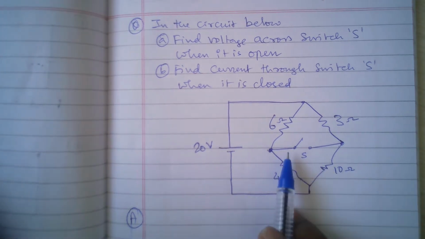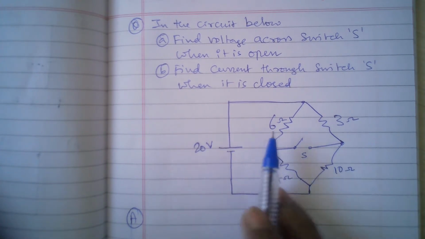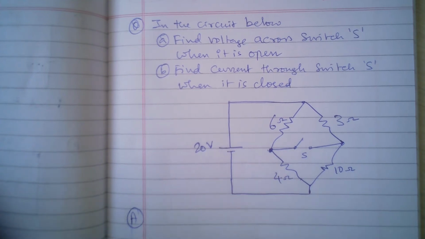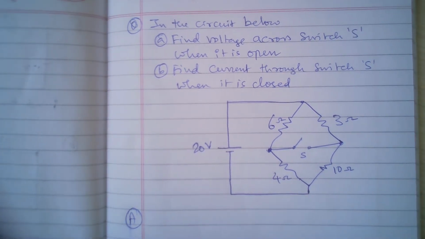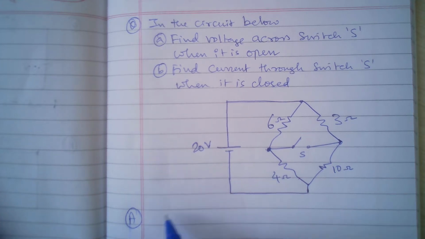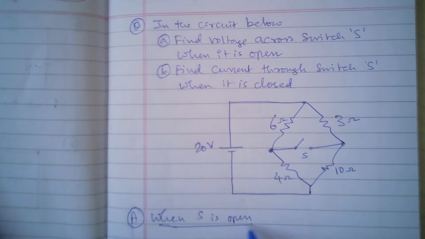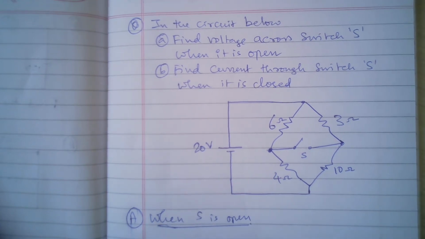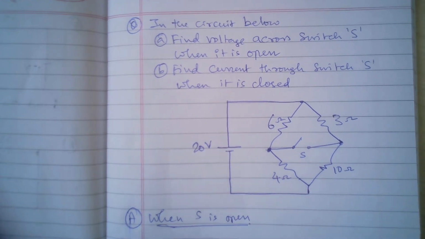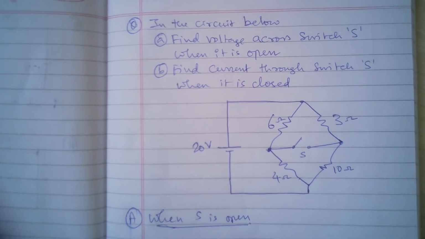Now when the switch is open, it's just simple 4 resistances in 2 parallel branches. So the circuit when S is open is a simple circuit like this. It has 20 volts, this is 6 ohms and 4 ohms, and this is 3 ohms and 10 ohms.